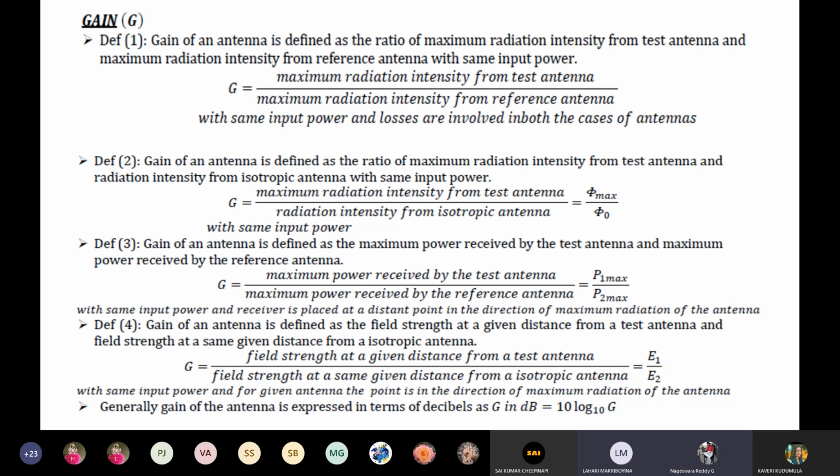Generally gain of an antenna is expressed in decibels as G in dB, which is equal to 10 log base 10 G, where G indicates the gain.